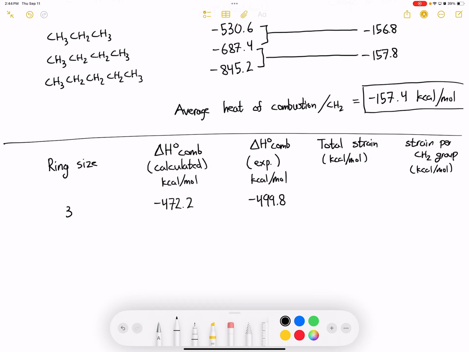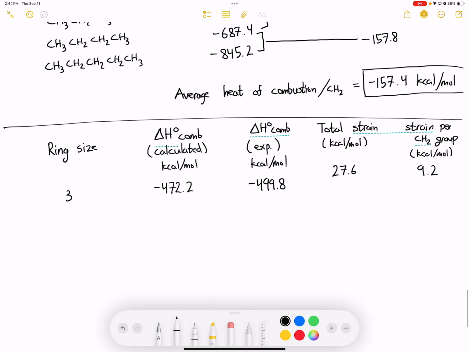So we could say the difference is equal to the strain, the kind of forces that make this molecule release more energy: 27.6, so that's a lot. So each CH2 group is strained by 9.2 kcal per mole. I took the value of the strain and divided it by the number of CH2 groups, 3. That's why it's 27.6.